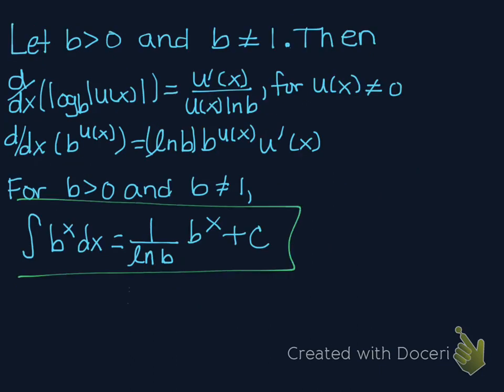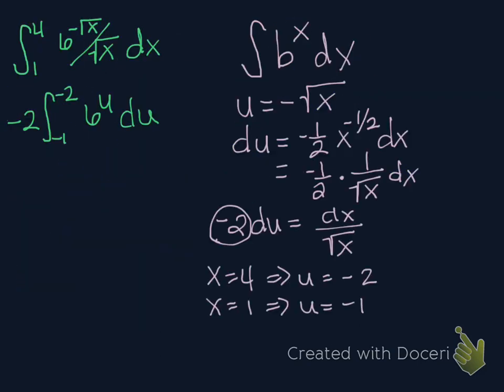This guy, I just need 1 over ln of 6 times 6 to the u, and then no plus c because it's a definite integral. So this is negative 2 times 1 over ln of 6, 6 to the u, and then I need to evaluate that from negative 1 to negative 2.